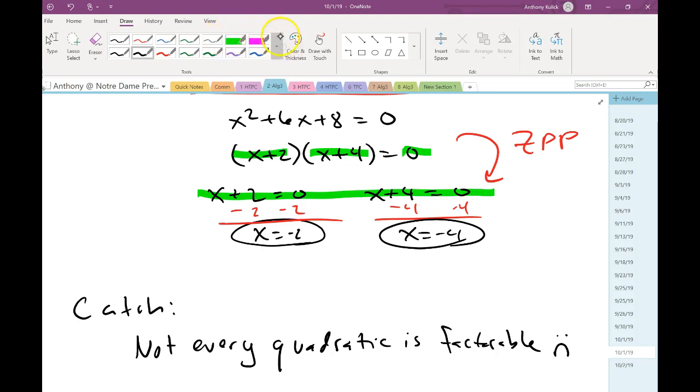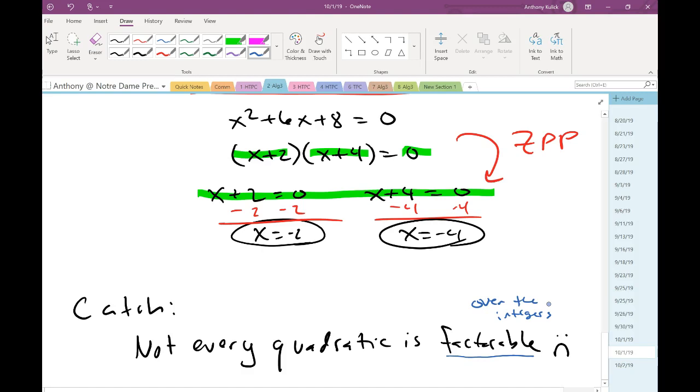And I just want to be really mathematically correct here. When I say factorable here, we really mean over the integers, where the coefficients of our factors are integers. Actually, every quadratic is factorable, but we don't have the tools yet to do that, and that's a bit beyond the scope of this course.